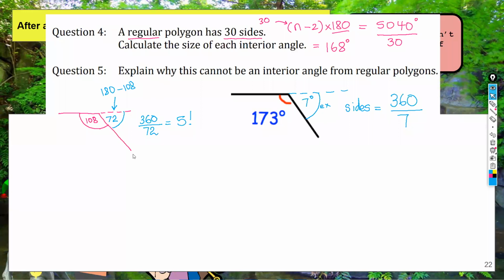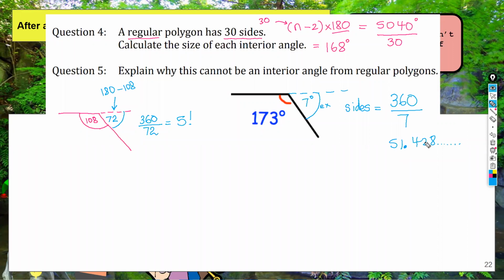But do this calculation now and tell me if you're getting a nice whole number. I don't think so. You will get 360 divided by 7, and I am getting roughly 51.428, and the value goes on and on.